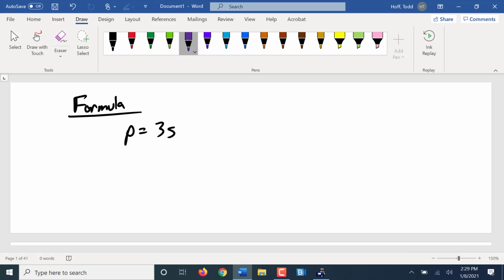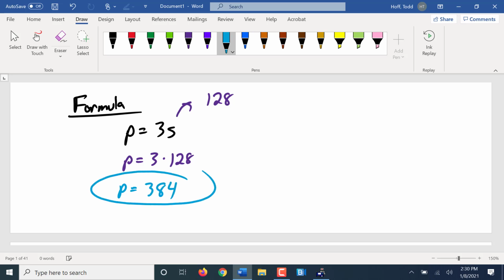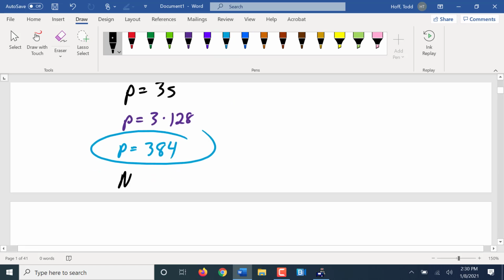Well, this formula allows us, if S is 128 feet, to find P by just putting that 128 in for S. What's 3 times 128? 384, good.